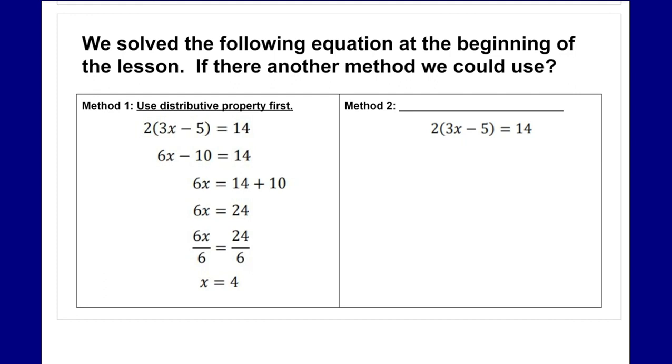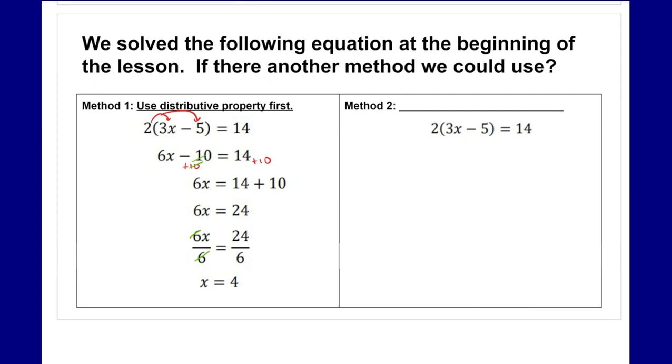We multiplied this 2 through to both parts, then we moved things to the other side, or canceled things out. We added 10, then we divided by 6 on both sides, and we got an answer of x equals 4.